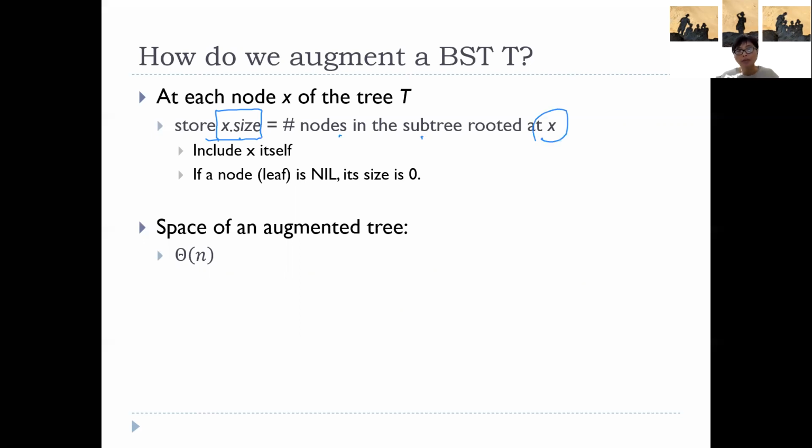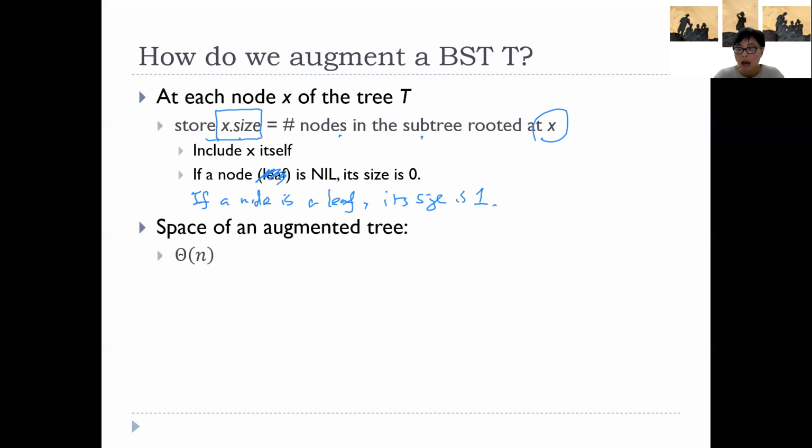If a node is nil, a null node, then its size is 0. If a node is a leaf, then its size clearly is 1. It only has one node in its subtree.